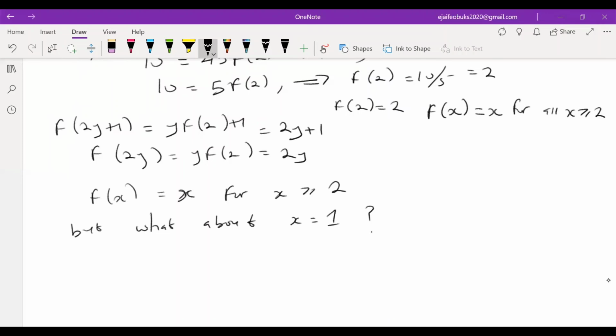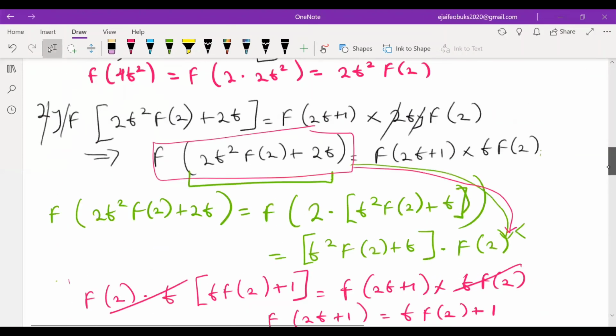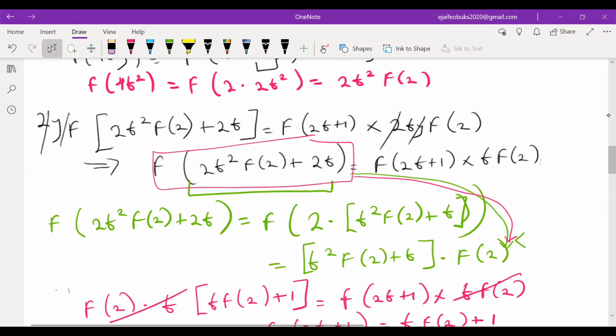Well, it's still a similar thing. So you just come back to our initial equation. Let's go up so we can see something. I'm going up to the first line now.